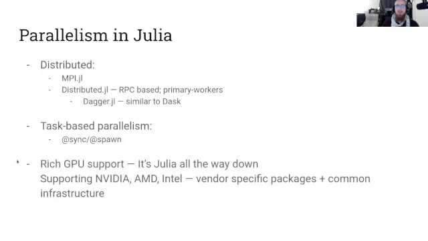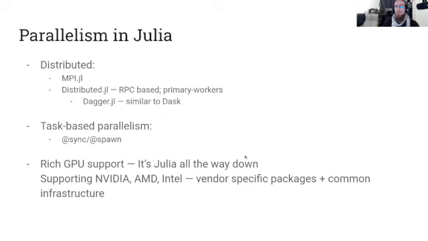And one of the projects I've been working on over the last few years the most is the GPU support in Julia. One of the differences is that we are really trying to get Julia all the way down. So we're using LLVM to compile code from Julia directly to the assembly language of the respective GPU, so NVPTX or ROCm's variant thereof.